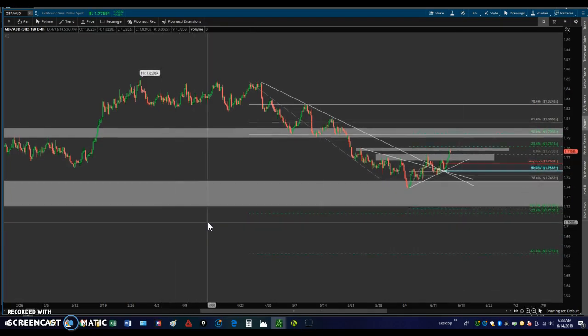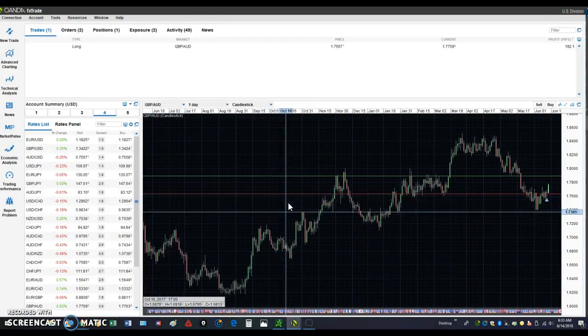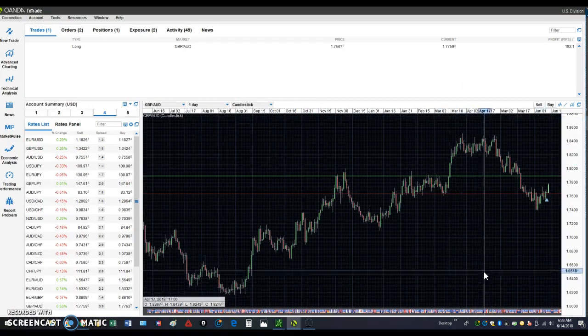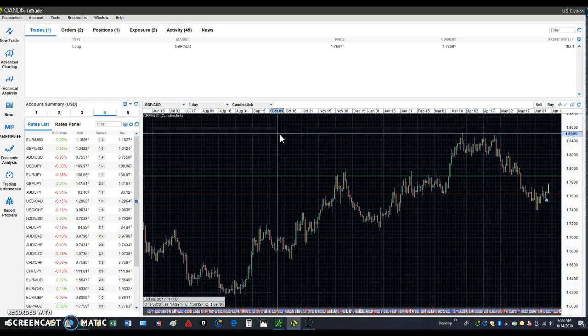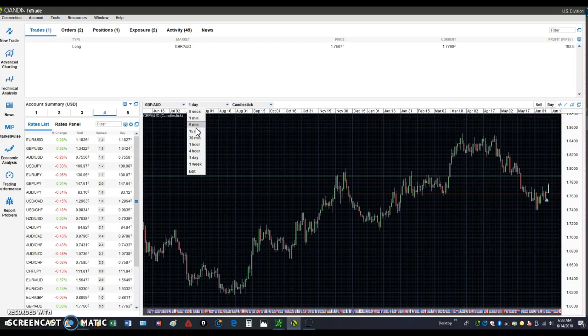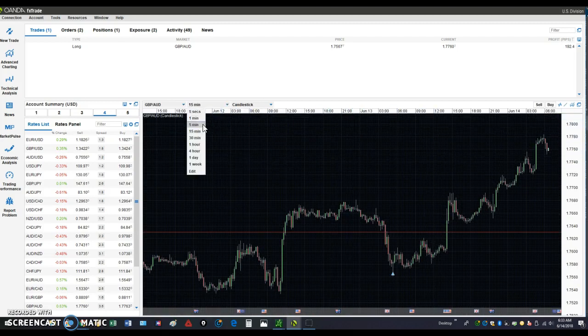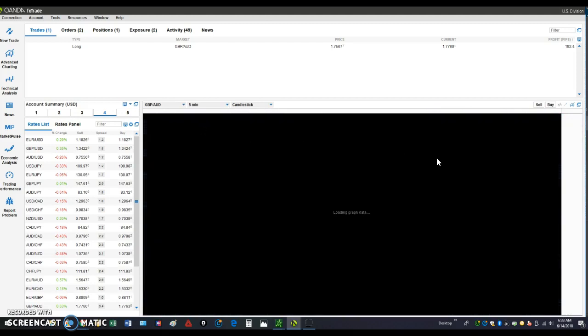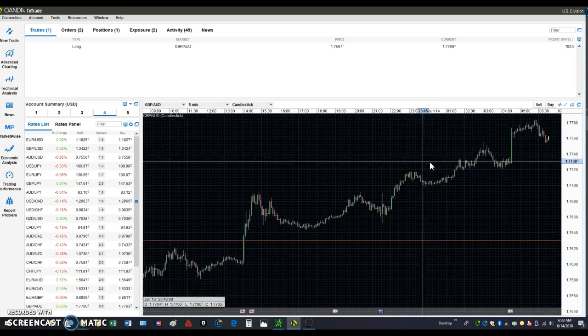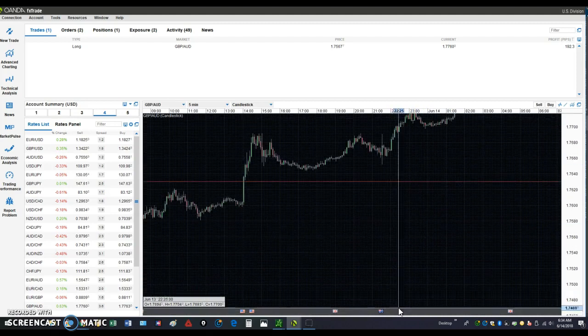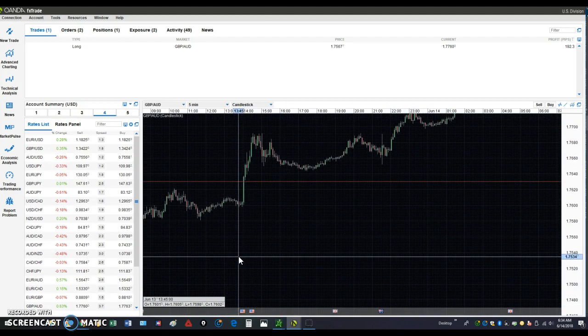So this is the trade. It's currently sitting about 190 pips. You can see my stop, my entry. Yeah, you can see that. I mean, they don't happen like this all the time. I'm not bragging. This was just a confluent entry.